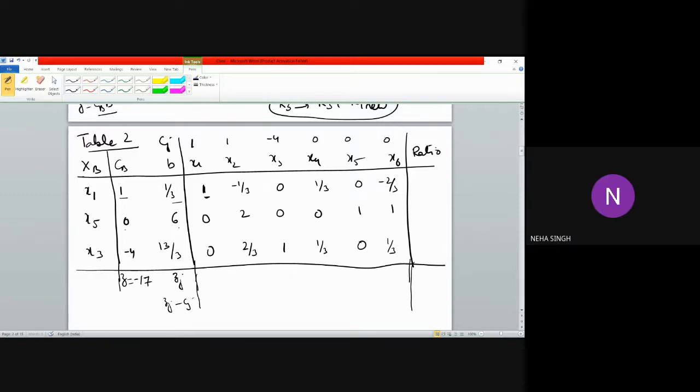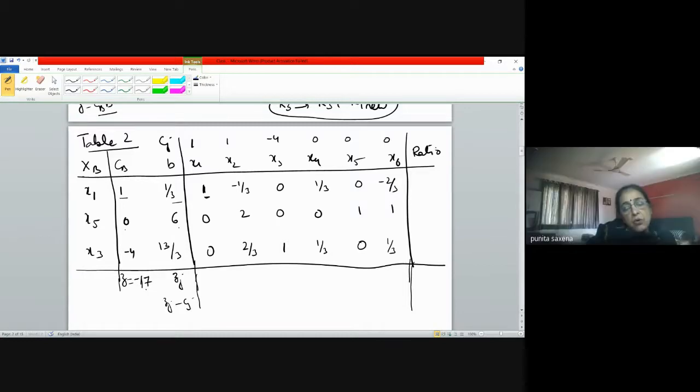So again, it's an improvement over the previous one. What was that? Minus 16. Yes ma'am. So this is less than that, right? Now compute your Zjs. So it's going to be 1 CBAJ, right? So CBAJ. So it's going to be 1, then minus 1 by 3 minus 8 by 3.